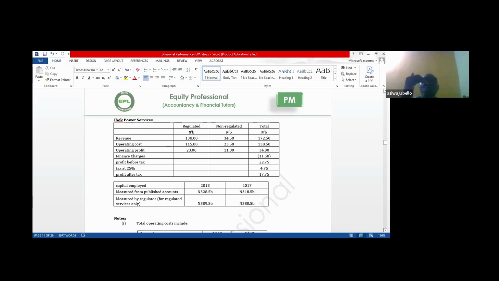We have revenue from regulated service, revenue from non-regulated service, total revenue of the company. We have the operating cost. We have the operating profit. We have the finance charge for the company as a whole. Taxation is 25%.